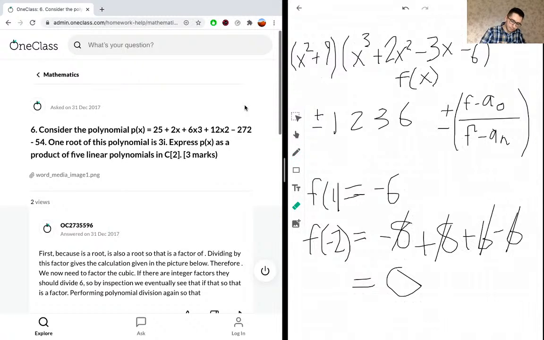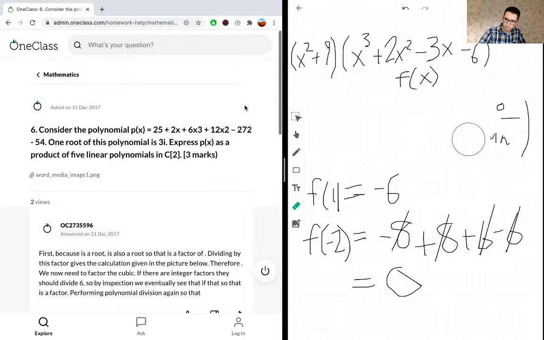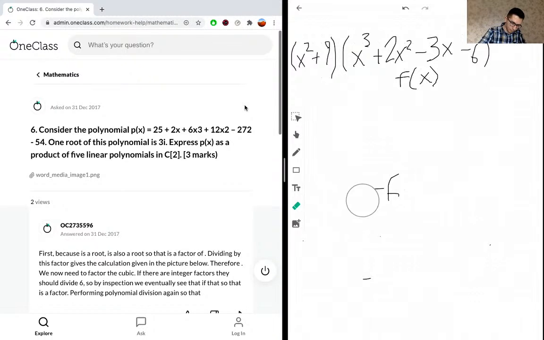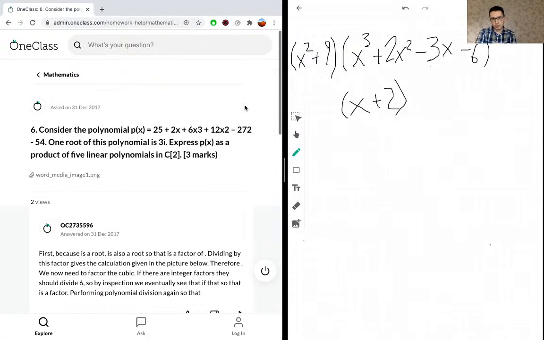We'll clear the board out a little bit. Okay, so we know that x equals negative 2, therefore what we can factor out is x plus 2.